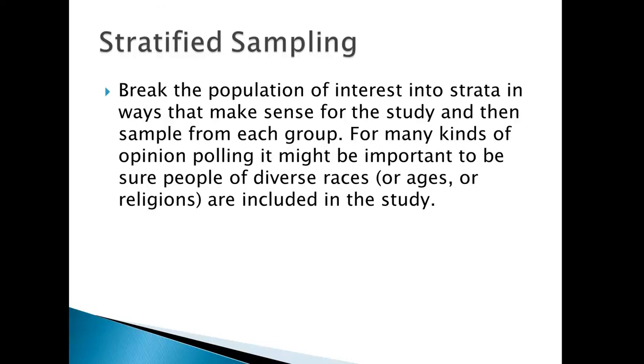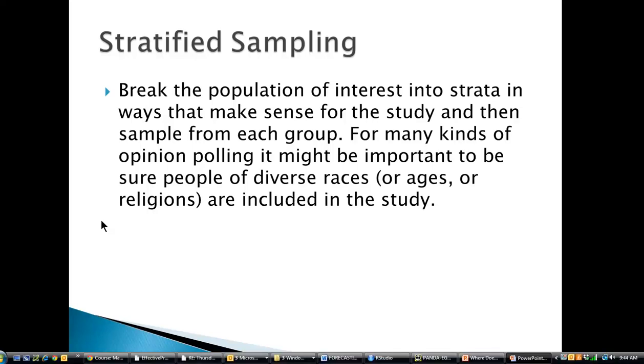This is frequently the case in political polling, where you will break people into different races and then sample from each race: white, African American, Hispanic, Asian, etc. And you include them in the sample in the same proportions they are in the population. So whatever percentage of the US population is Hispanic, you choose enough Hispanic people so that their proportion in your overall sample is the same as in the population.